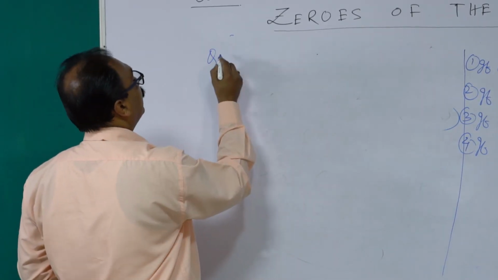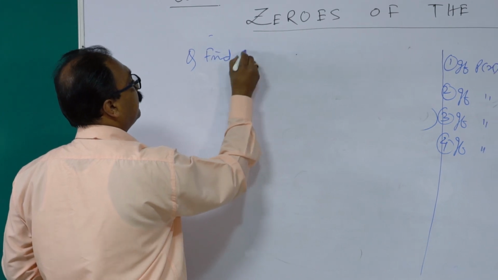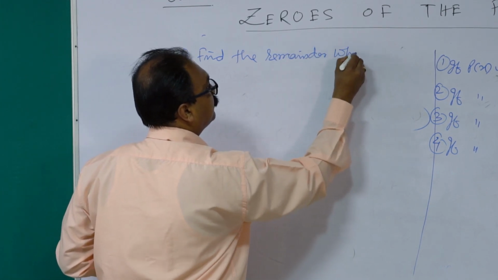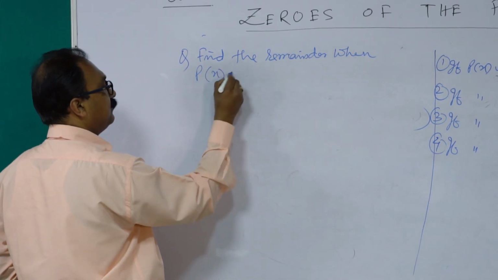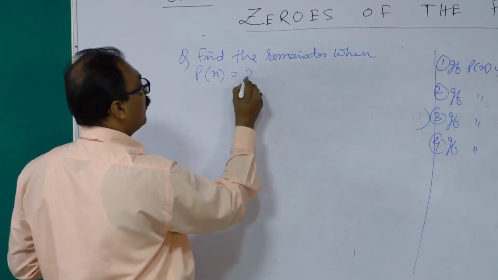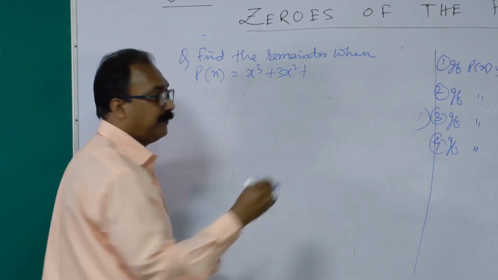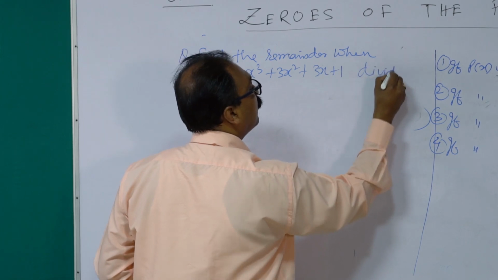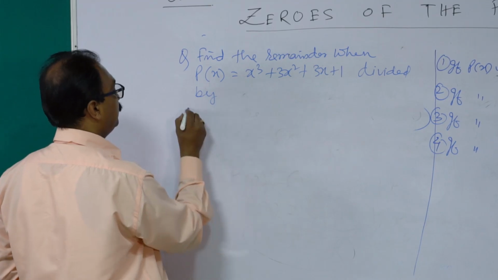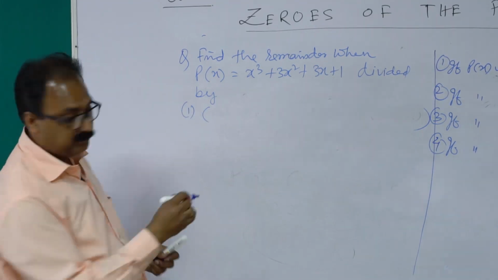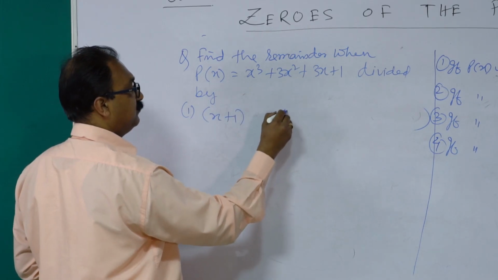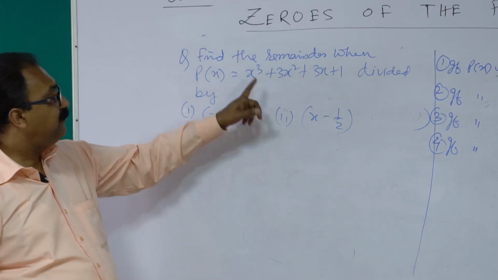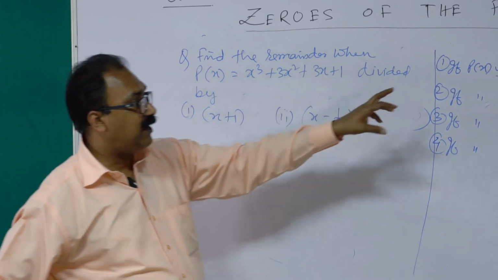Now one question I am writing. Question: find the remainder when p of x, I consider here p of x, no?